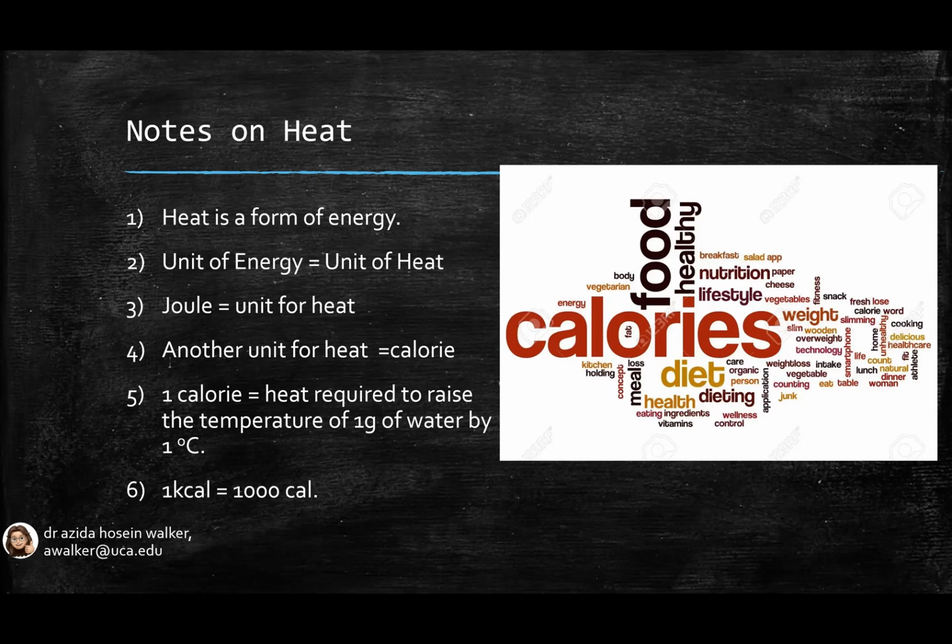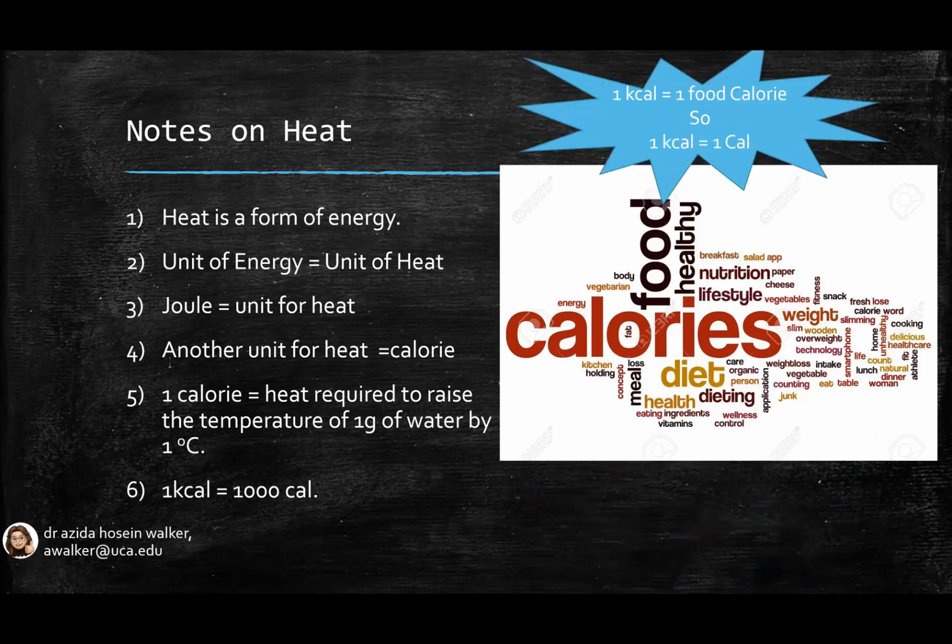When we have meters, we can have a kilometer. So if we have calories, we can also have a kilocalorie, and 1 kilocal is equal to 1,000 calories. A kilocal is also 1 food calorie, and we write that food calorie with an uppercase C. So 1 kilocal is 1 uppercase C Calorie.